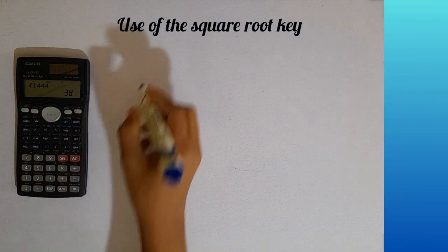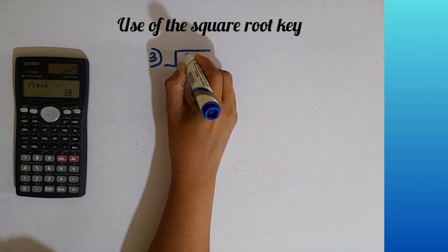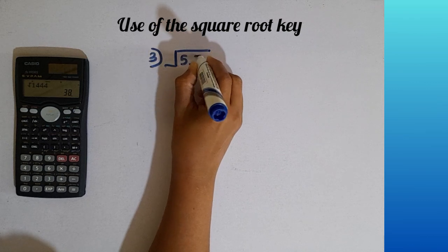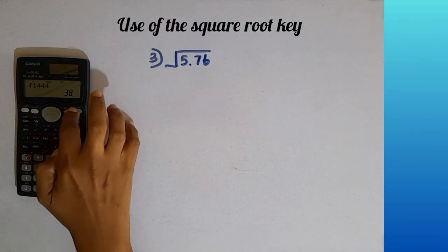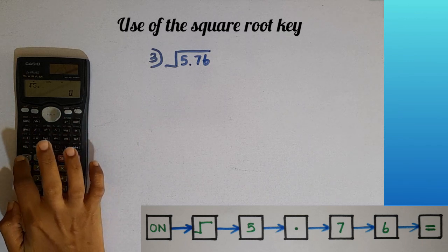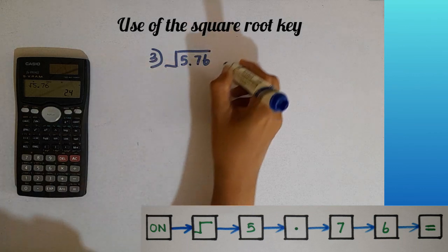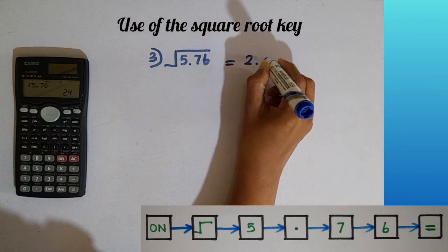Then the third question, the square root of 5.76. On key, then the square root key, 5.76, equal sign. 2.4 is the answer.